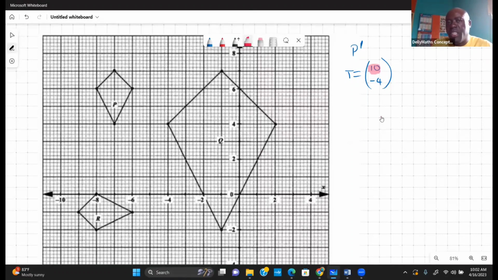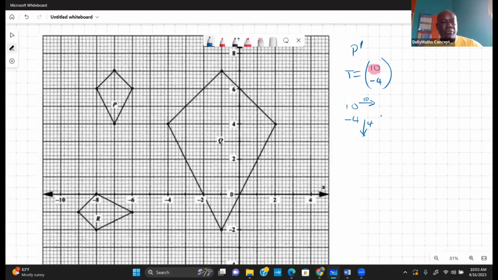If it is positive, it goes right. It's positive 10, so it goes 10 places to the right. The bottom number goes up or down. When it is negative, you go down 4. So I'm going to go 10 to the right and 4 down and reconnect.